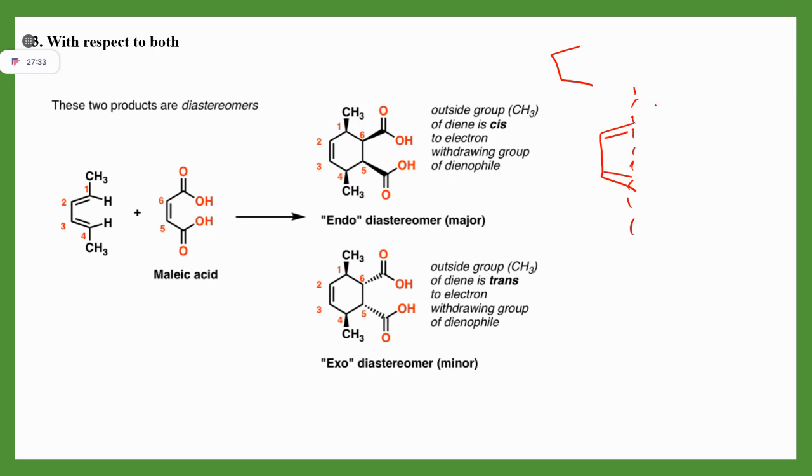See, at carbon number 1, CH3 is above, so just draw this CH3 on this line. And at carbon number 4, it is down, so Me. After I complete this part, I will ask. If you are not getting it, tell me. And these hydrogens are facing downside, or we can say inside.